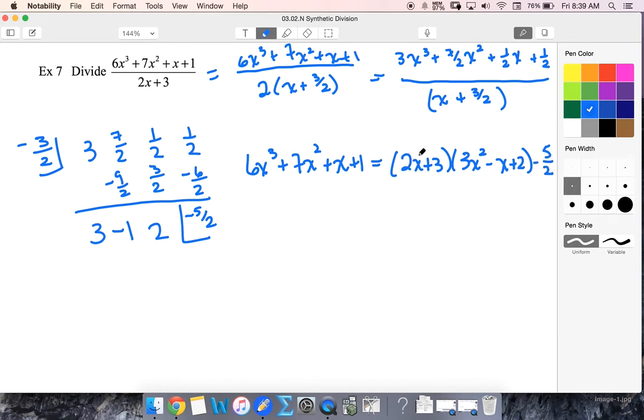And if I think about just these first terms, 2x times 3x squared is going to give me 6x cubed. So that lets me know that I'm on the right track.